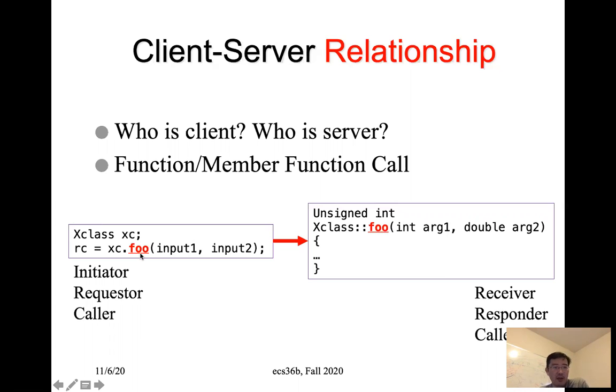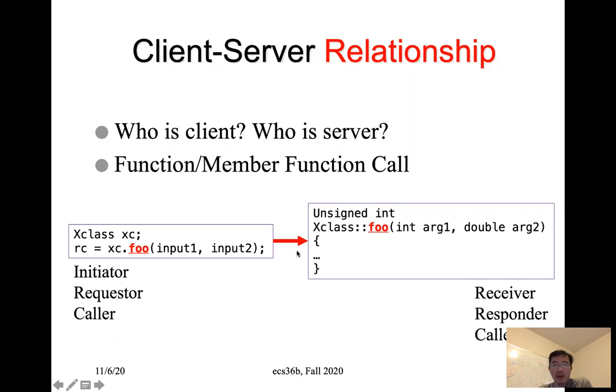On this side of the code, I'm calling this member function, xc.foo. On the other side, which is another piece of code, is the implementation of the member function foo for class X class. They usually have this kind of format.